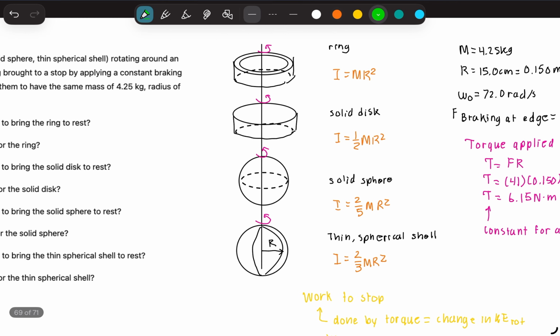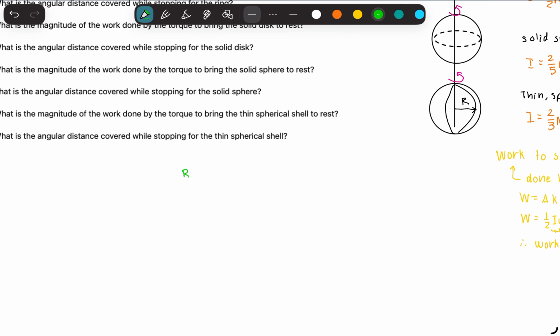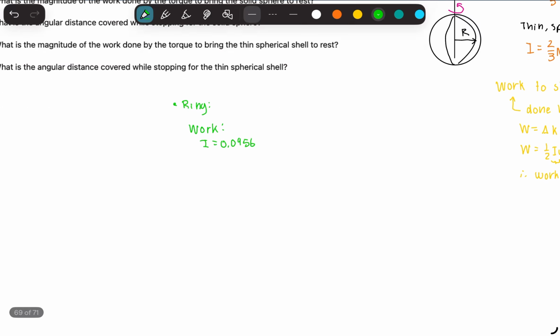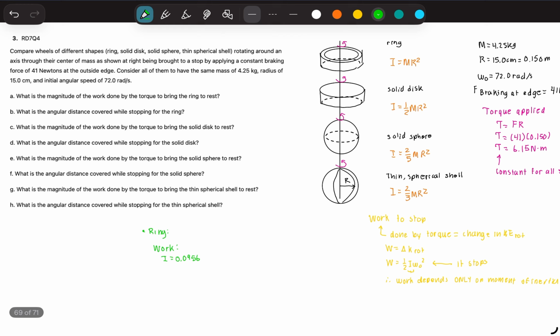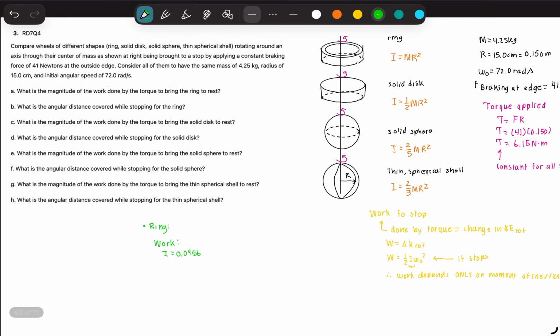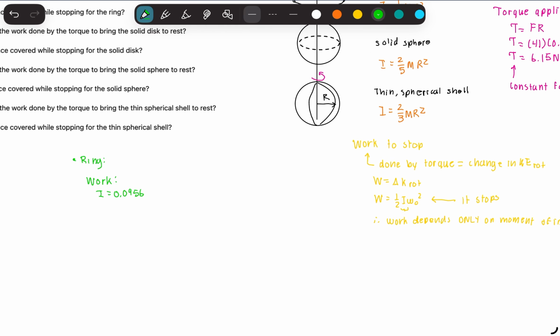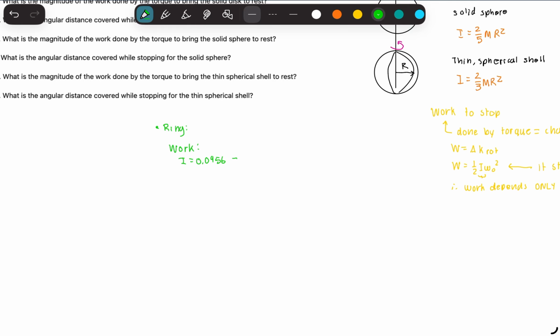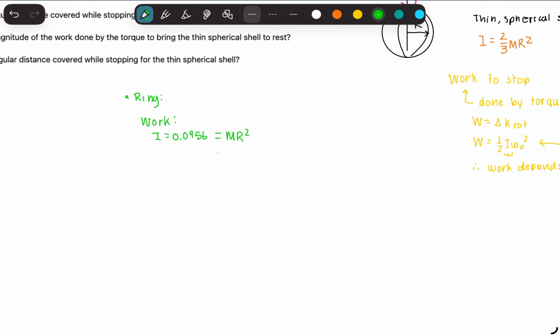Let's start off with the ring. We know that the moment of inertia of the ring is going to be equal to mr squared.